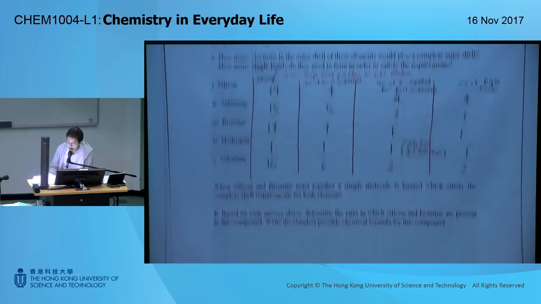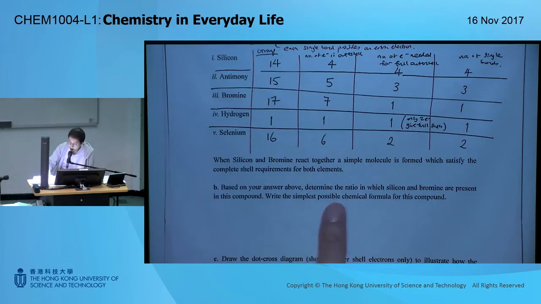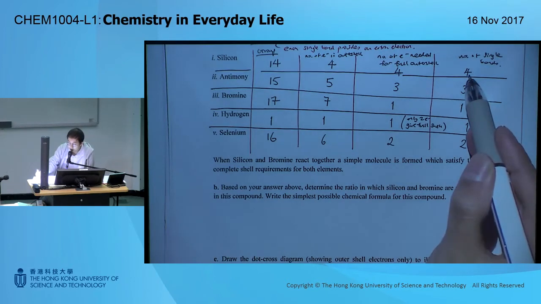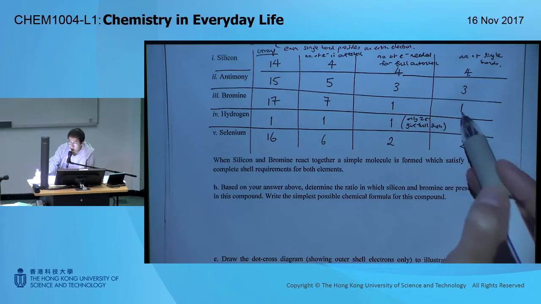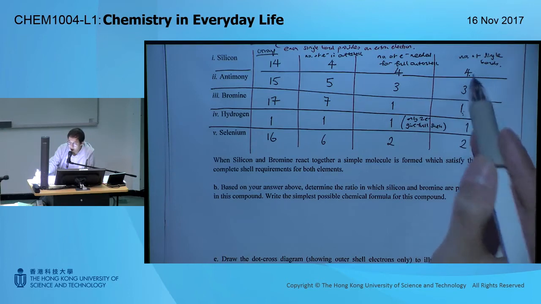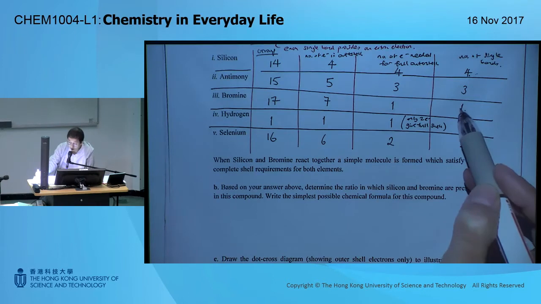So once you have this information, you can work out the simplest molecule you can form between silicon and bromine. You can see silicon needs 4 more single bonds, but bromine only forms 1 single bond. Therefore, how many bromines do you need for silicon? Well, 4 of them.